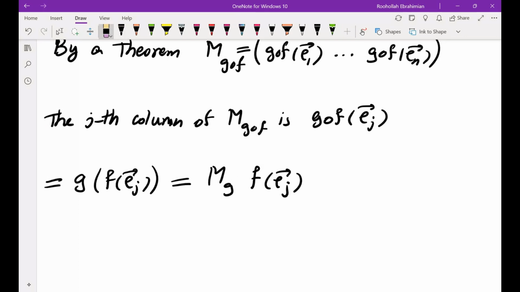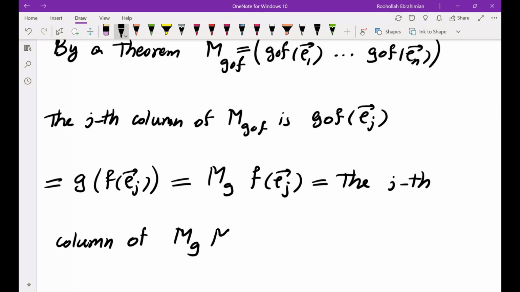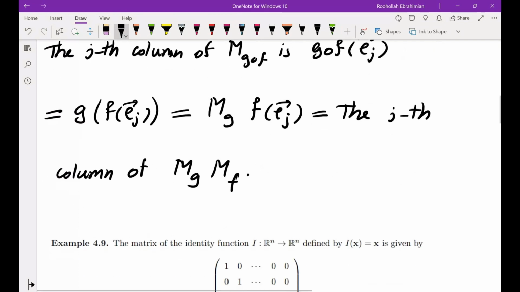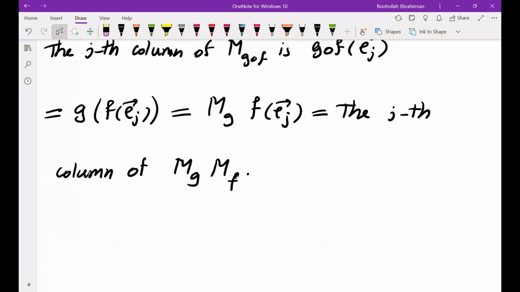Now, what is the matrix of g times that vector? That's exactly the jth column of m sub g times m sub f. Because if you look at it, m sub f was f of e1 all the way to f of en.